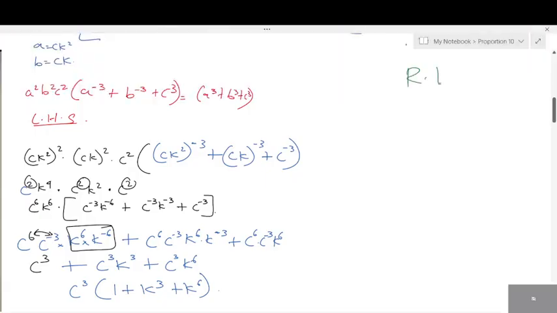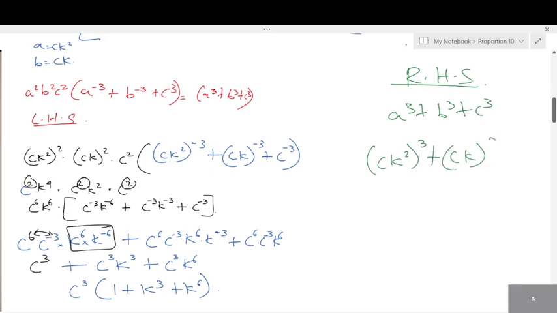RHS, we have A cube plus B cube plus C cube. Tell me what is A cube, students? What should I write? CK square the whole cube plus CK the whole cube plus C cube. When you open the bracket, what do you get? C cube K^6 plus C cube K cube plus C cube.